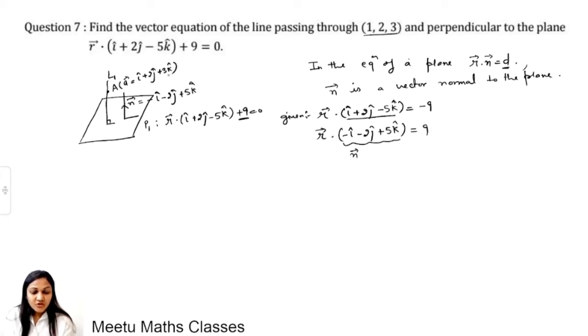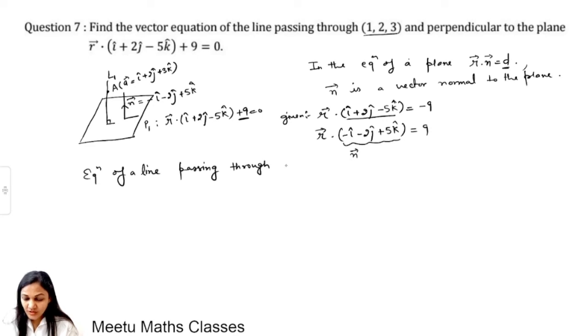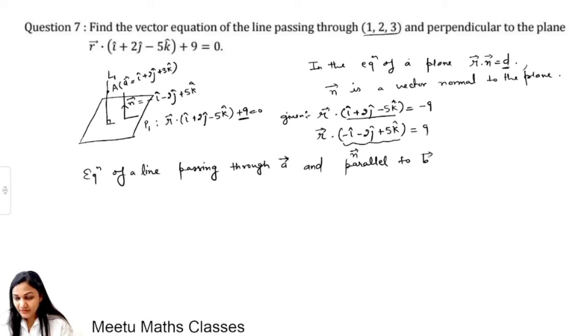The equation of a line passing through a point with position vector A and parallel to vector B is r is equal to A plus lambda B.